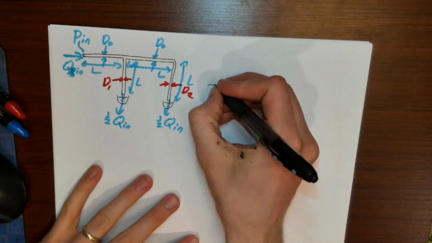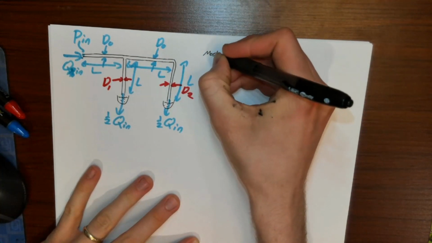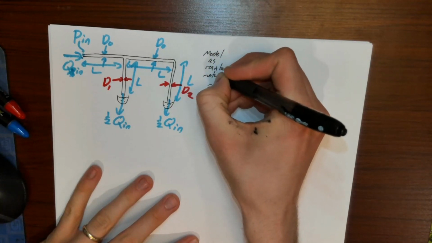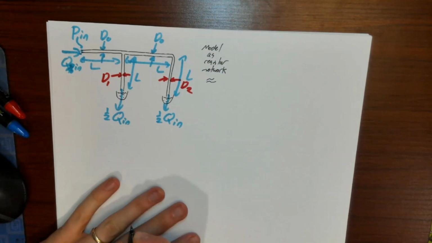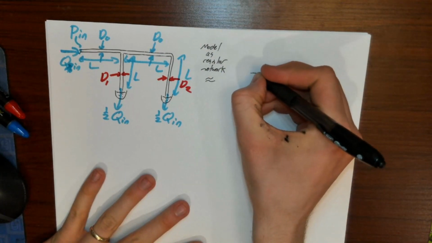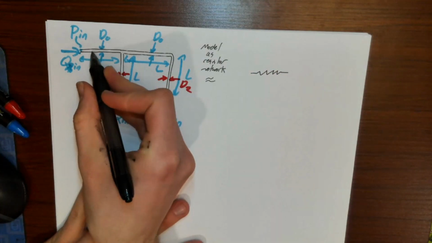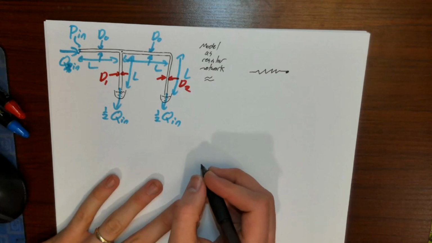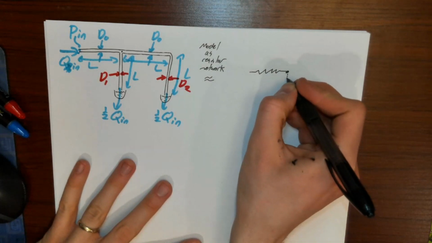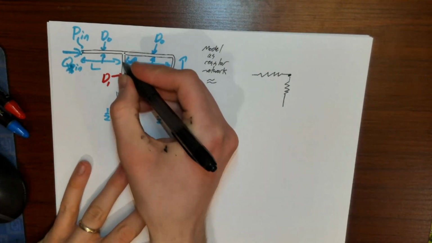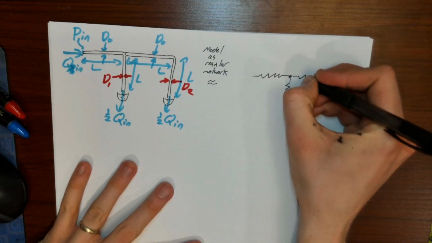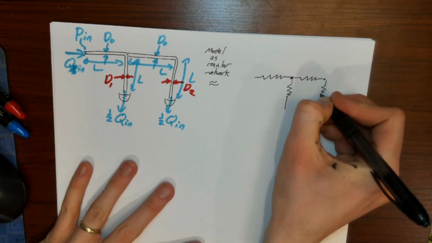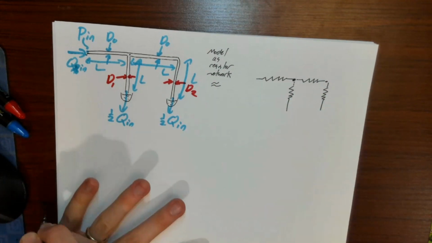So I'm going to model this system as a resistor network where I have one resistor for this first segment here, some node right here, another resistor, a resistor for this segment right here, a resistor for this segment right here, a resistor for this segment right here.